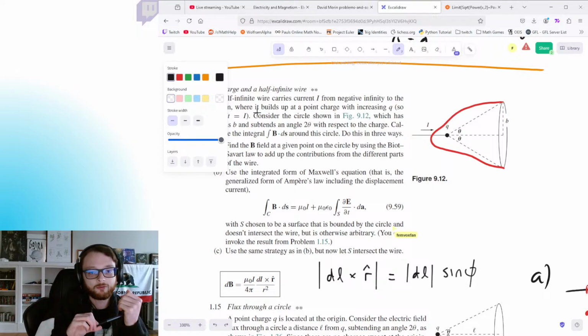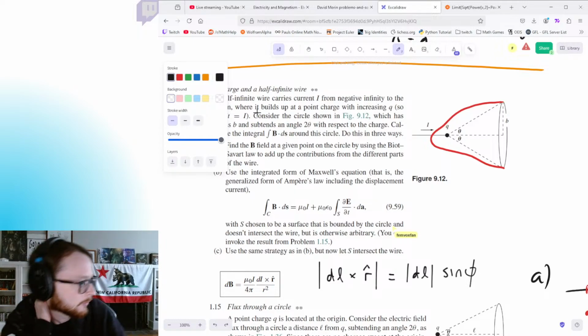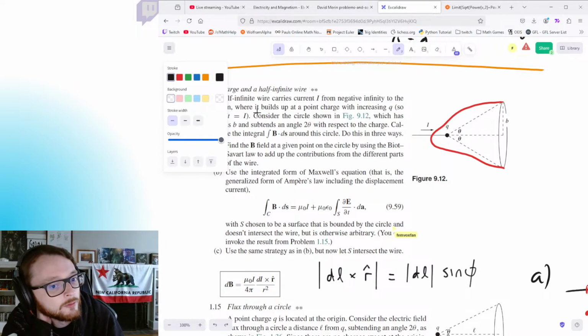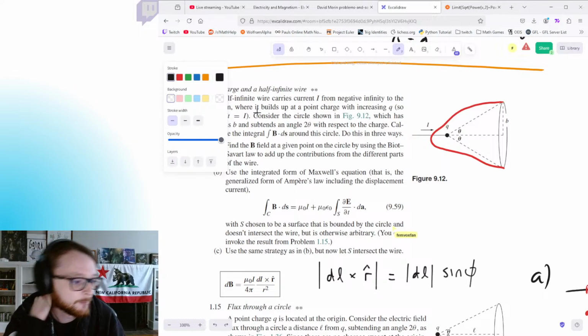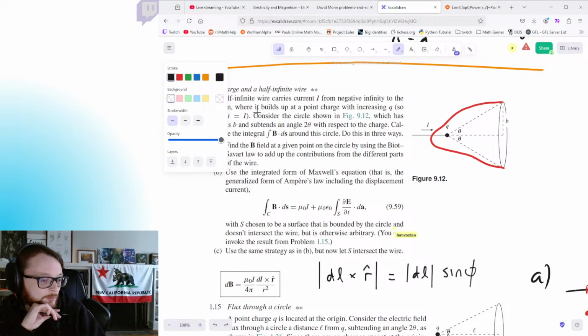Well, is the wire itself contributing to that dE/dt term, or is it only the point charge Q? The electric field due to a wire, I think they said it just goes perpendicular to the wire. So maybe there's a contribution from the portion of the wire that's inside.